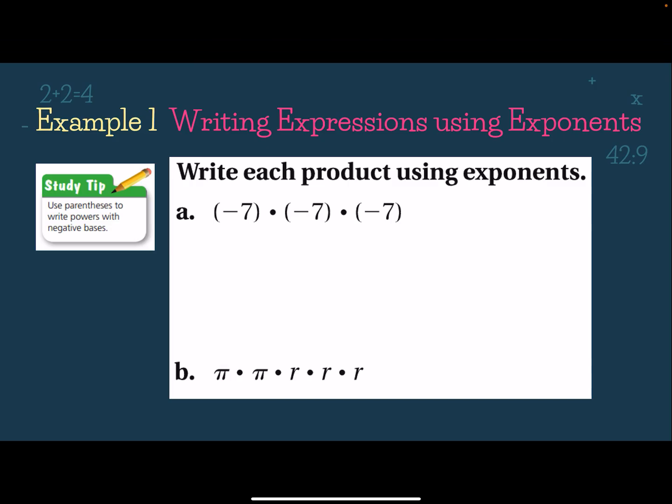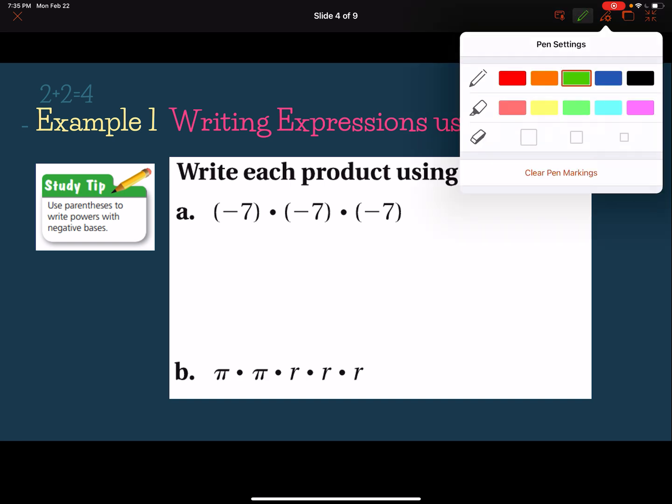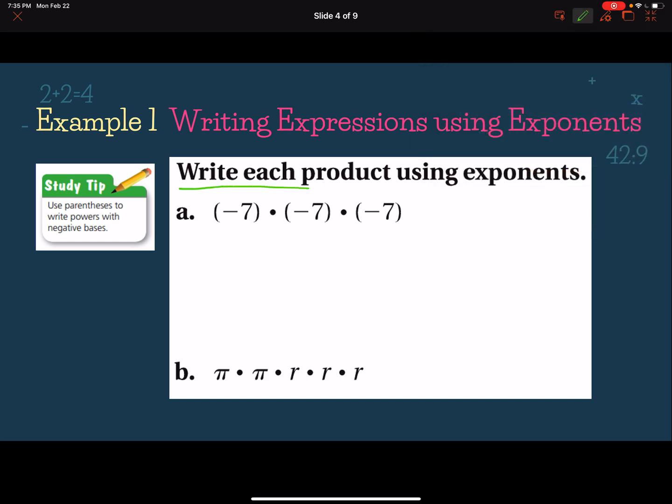Okay, example 1, writing expressions using exponents. So our directions just simply say write each product using exponents. We have a study tip over here to the side that says use parentheses to write powers with negative bases. Let's look at that. Part A actually has a negative base because we are taking negative 7 and multiplying it times itself 3 times.